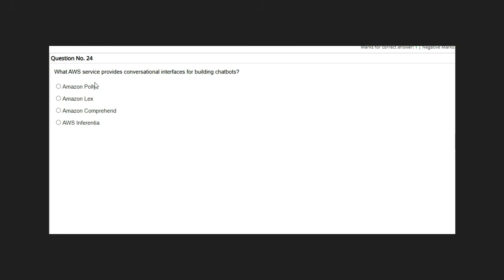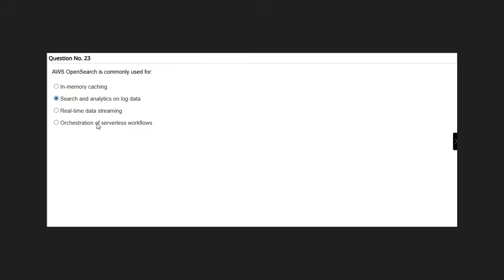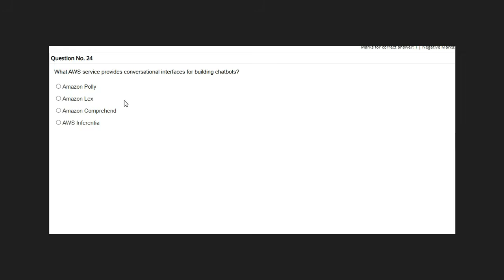So correct answer is Amazon Lex. This service provides conversational interfaces for building chatbots.